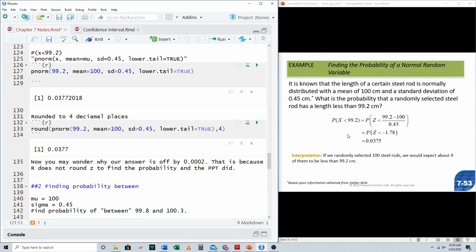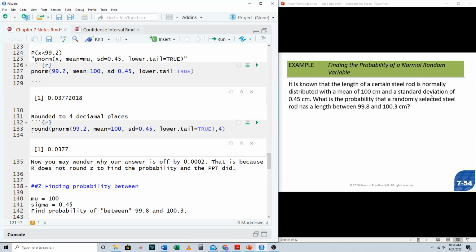All right, so the next question is find the probability between. Let's say if you're producing steel rods, you do want to have a specific measurement. You need to be around 100 centimeters, and anything that is outside that value is unacceptable.